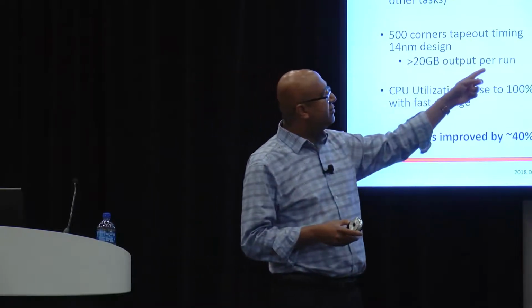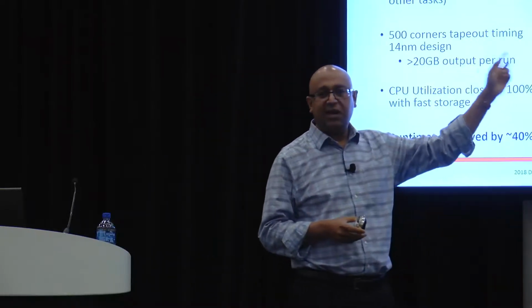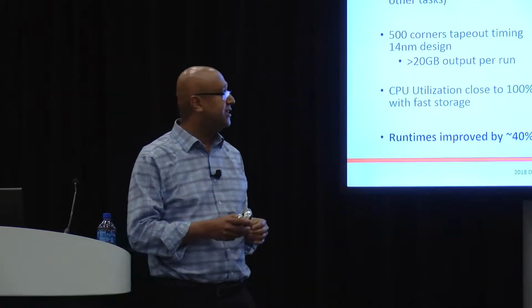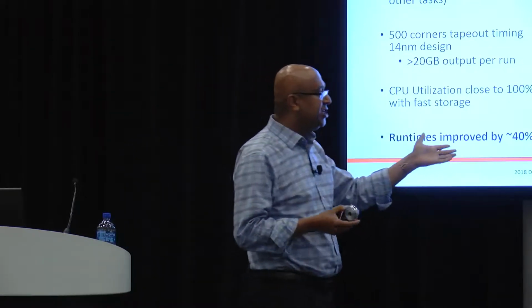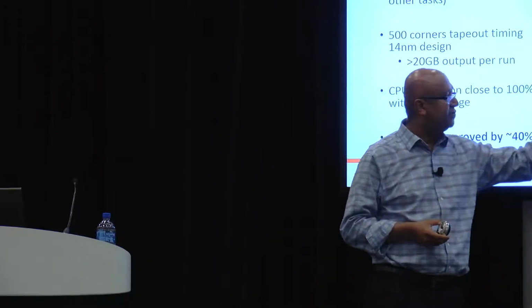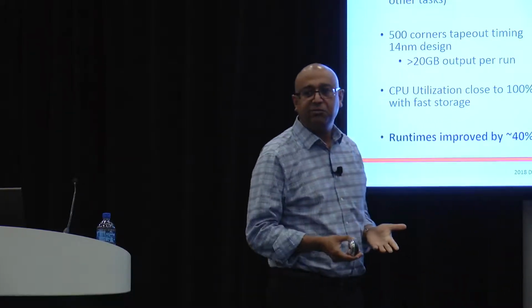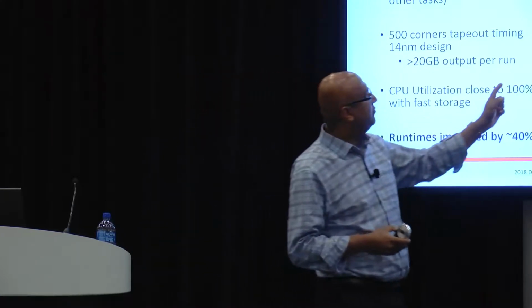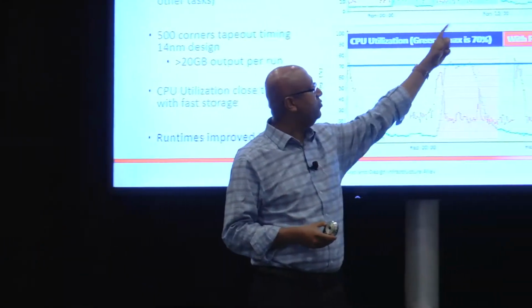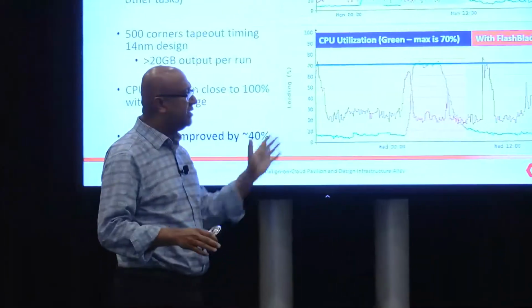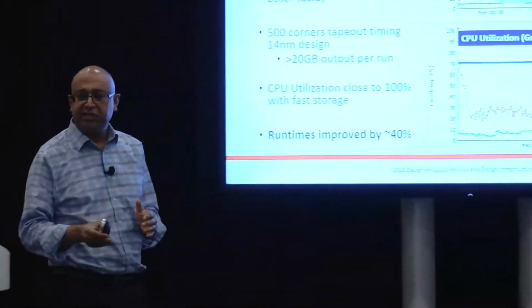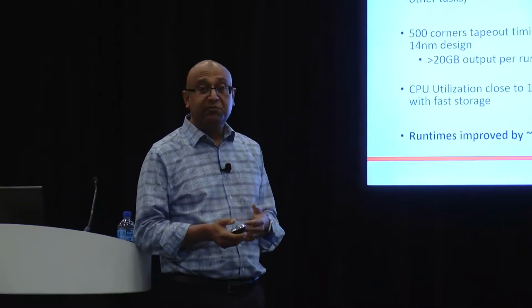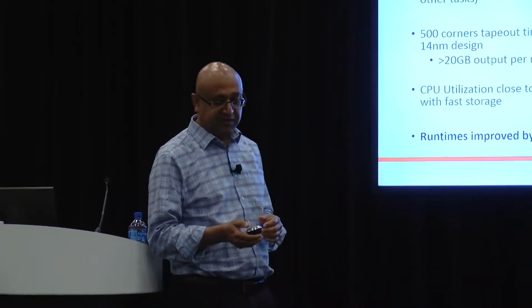You can see they saw lots of ups and downs in their CPU utilization before they installed a fast storage device. After they installed FlashBlade, which is the device that we make, it was pretty much flatlined across the top, so they got maximum utilization. From a runtime perspective, they went from essentially this shaded region down to this shaded region, and I just counted up the squares underneath, and that's roughly a 40% runtime improvement. So a pretty big improvement on tape-out timing for these guys.